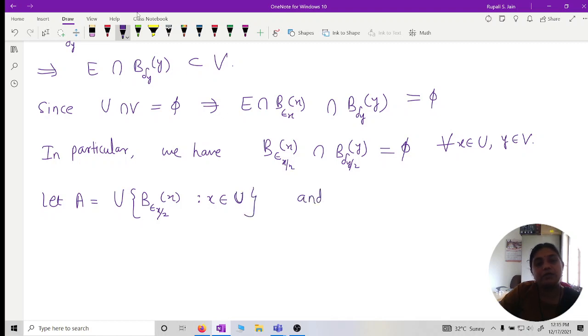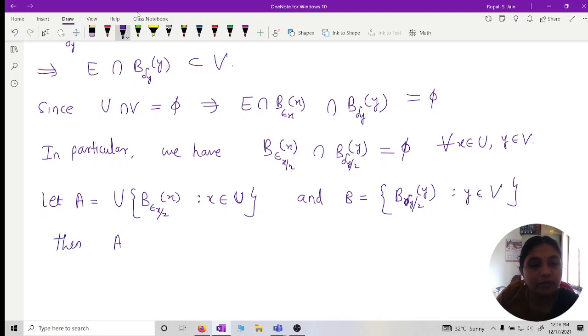And say B is equal to the union of all open balls of radius delta y by 2 centered at y where y belongs to V. Then what can I say about A intersection B? It must also be empty.